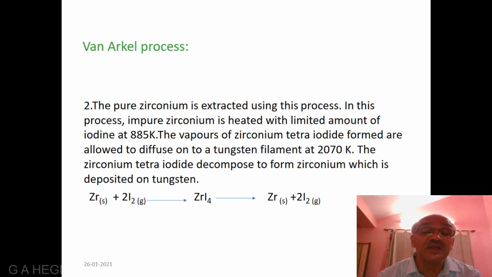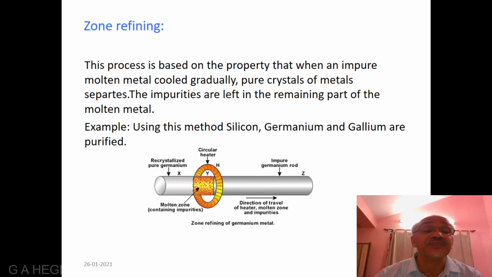The zirconium tetraiodide decomposes to form zirconium, which is deposited on tungsten. The equation is zirconium plus 2I2 gives rise to zirconium tetraiodide ZrI4, which on heating decomposes to zirconium plus 2I2.